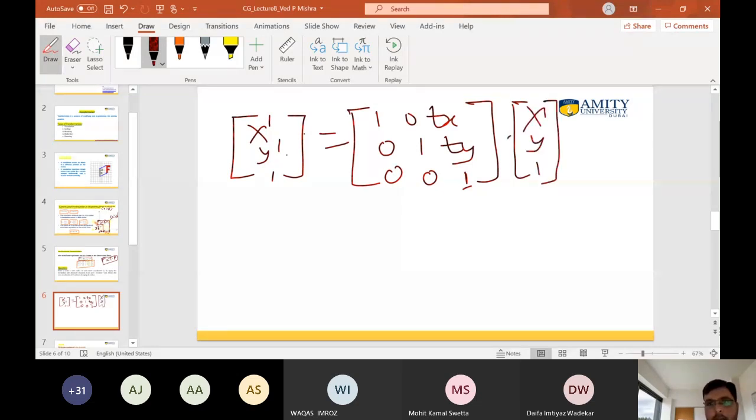Whenever you multiply this, how do we multiply two matrices? Row into column, isn't it? Yes, sir. 1 into x plus y into 0 plus tx. So 1 into x will be x, plus 0 into y, plus tx.